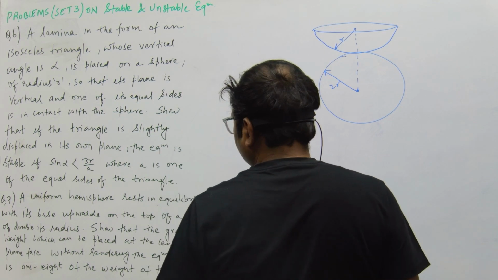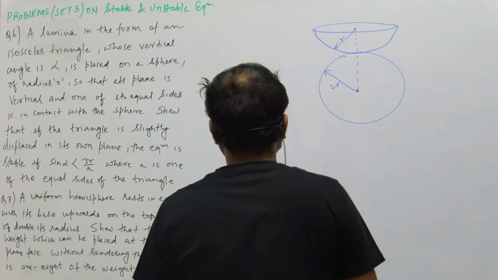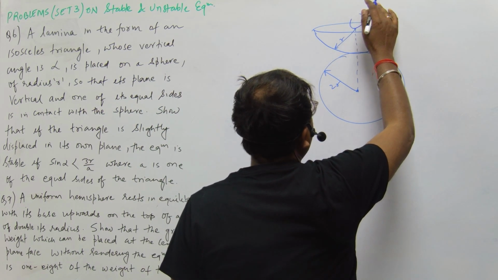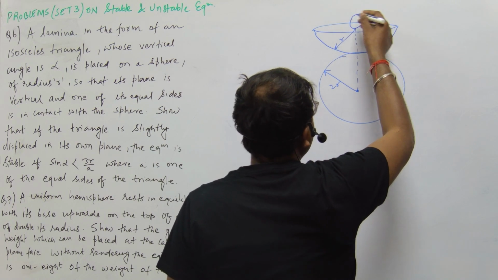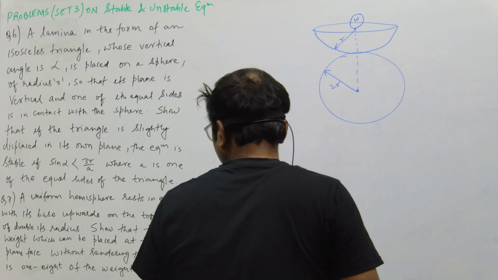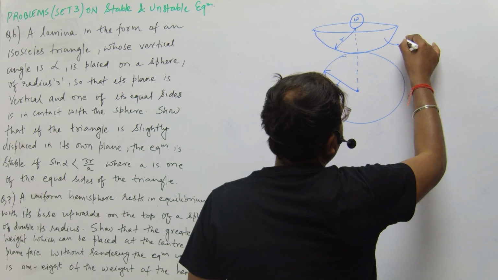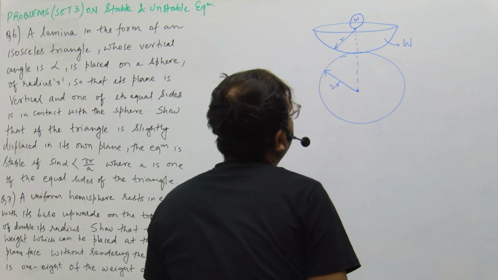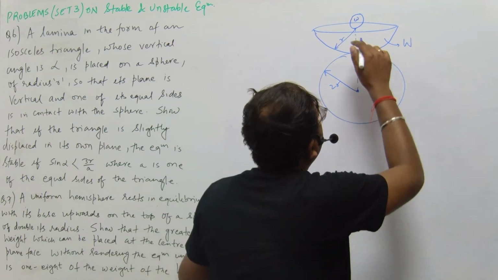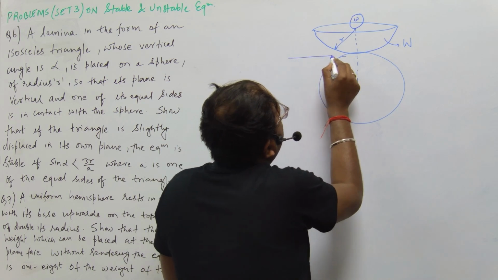So the greatest weight that can be placed at the center of the plane face, let us take it as small w, is 1/8 the weight of the hemisphere, and let us take the weight of the hemisphere as capital W. The line of surface of contact is this one.